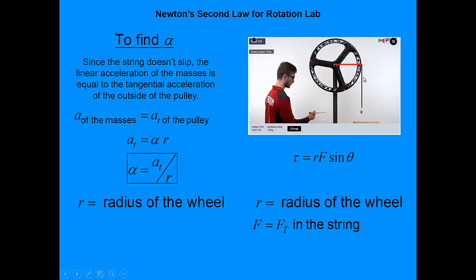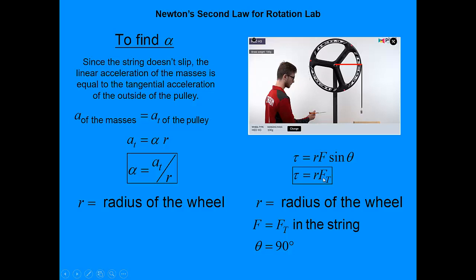Well, the string is actually coming off tangent to the circle, and it certainly looks like that in the picture, and that's why we use the tangential component of the acceleration over here. Then what's the angle in between? Tangent means 90 degrees. And what's the sine of 90? 1.